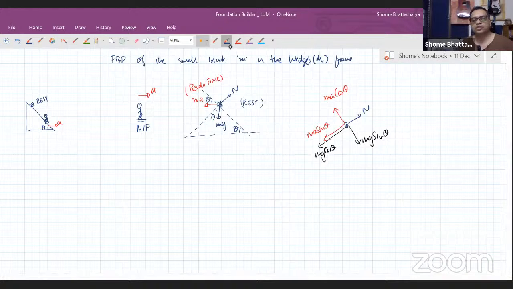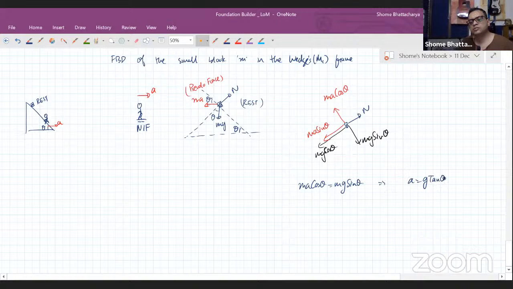So when you balance the forces, the condition you will get for this to be at rest is that ma cos theta has to balance mg sin theta. So that means a has to be g tan theta. This becomes the most important thing for us. Of course, we also get the normal reaction, but that's not so important over here.